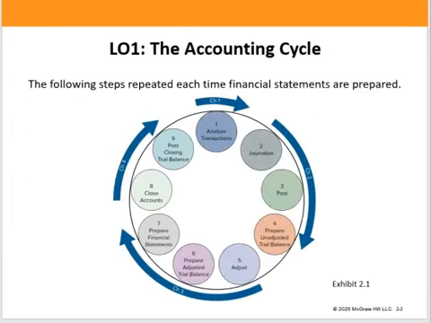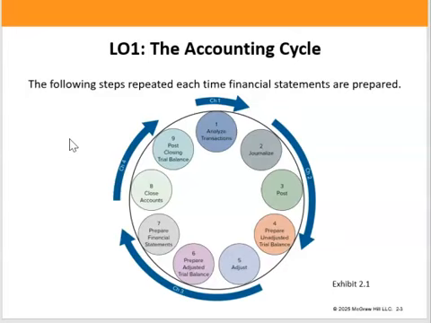The first thing we're going to do is look at what they call the accounting cycle. Okay, this is how everything goes full circle, full cycle, so that when a transaction happens, it ends up in your financial statements.